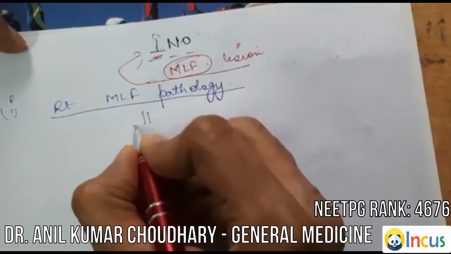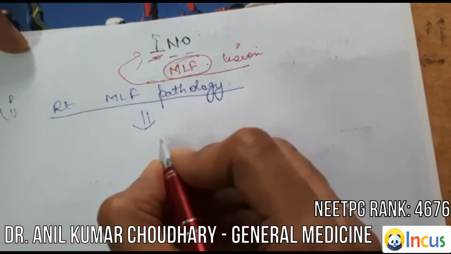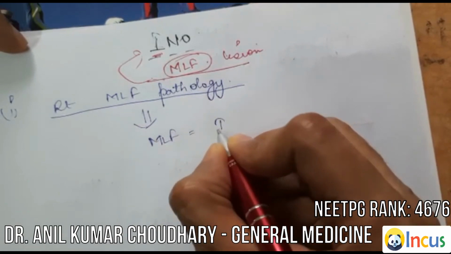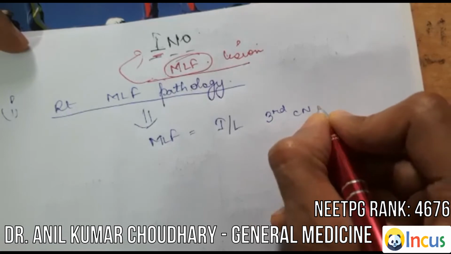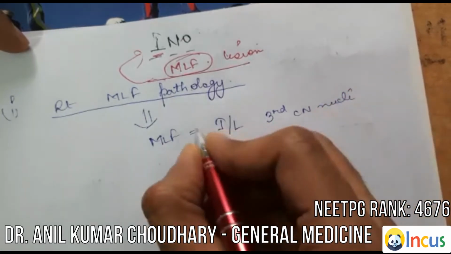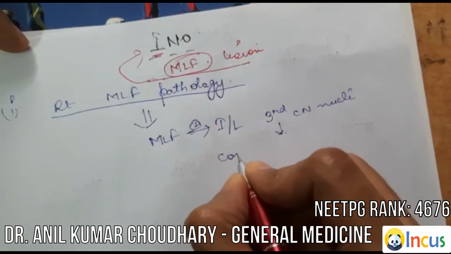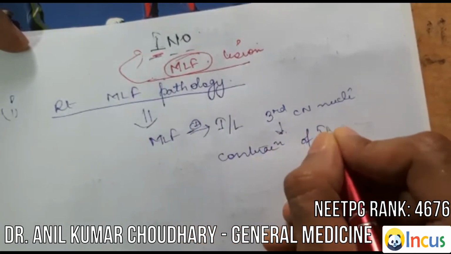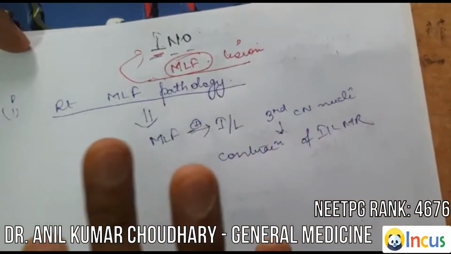Now we have already discussed the function of the medial longitudinal fasciculus. It causes stimulation of the ipsilateral third cranial nerve nuclei to bring about contraction of the ipsilateral medial rectus. This is nothing new, we have already discussed.